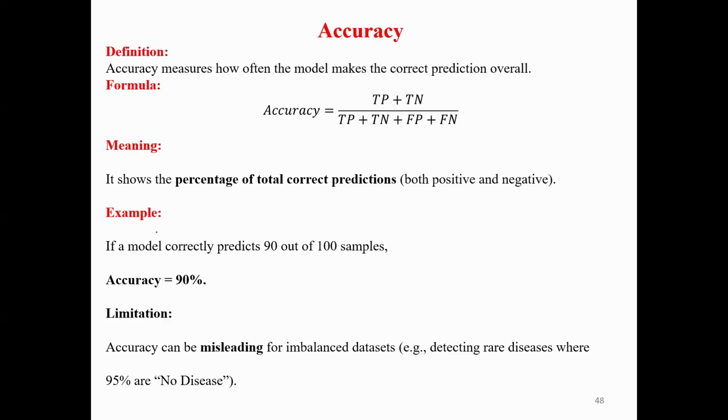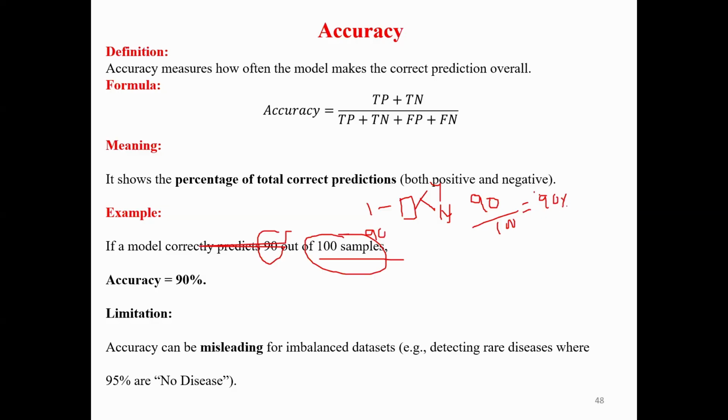Similarly, a model can correctly predict 90 out of 100 samples. When I give one sample, the model will classify it as either yes or no. Similarly, 100 samples are given as input to the model, and out of 100, 90 are accurately calculated. That means the model is 90% accurate. That is called the percentage. Now, what happens with the other 10%? Errors.